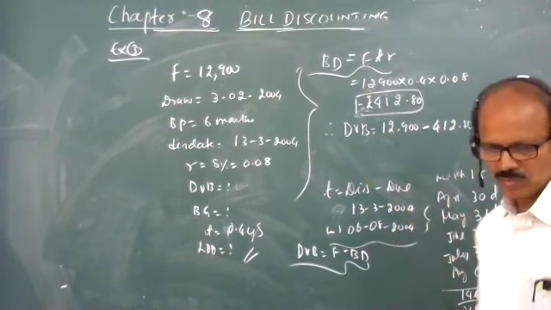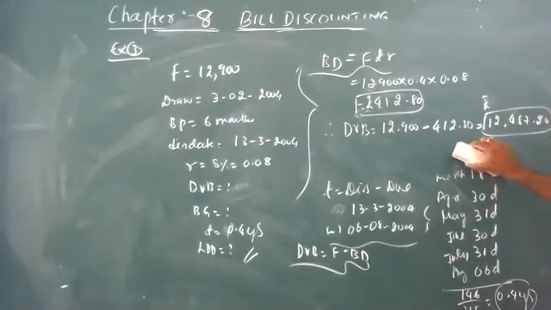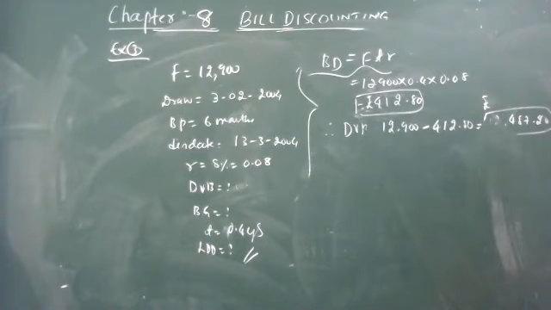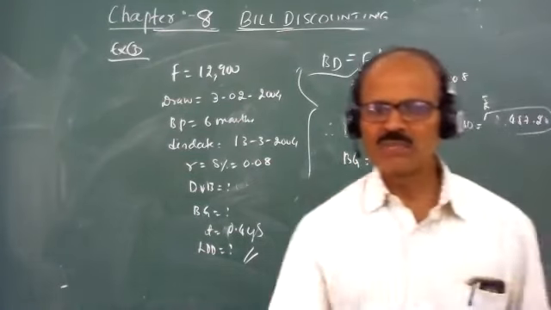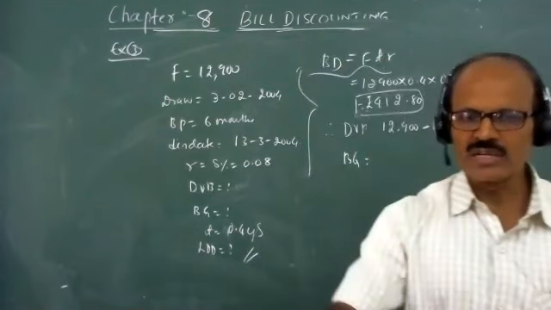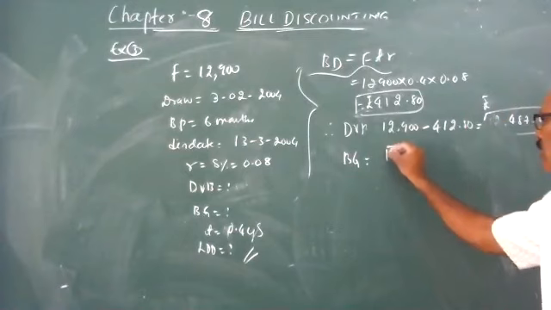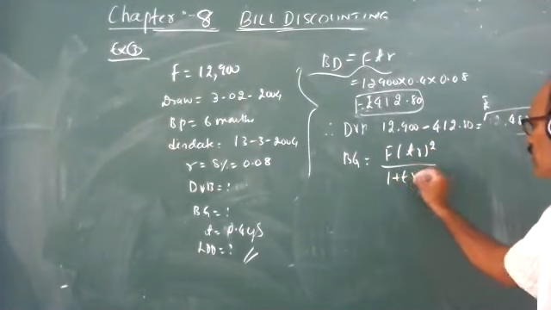Next comes banker gain. So, what formula do we use for banker gain? Again, there are three formulas. BD minus TD. For that, again, TD is required, and again for TD you have to find BD. Better go for this formula, easy: F times TR whole square by 1 plus TR.